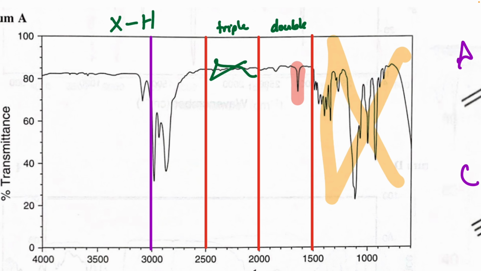We have this cluster of peaks, although that's not a ton of information because every molecule up there has sp3 hybridized carbons and hydrogens. All right, but why did we lay down this marker at 3,000? What was the purpose of that? All right, remember, this is really what helps us.